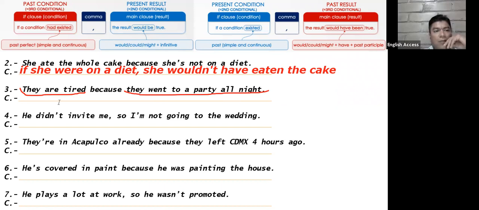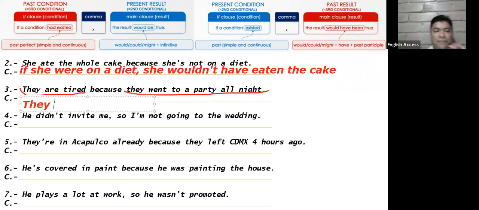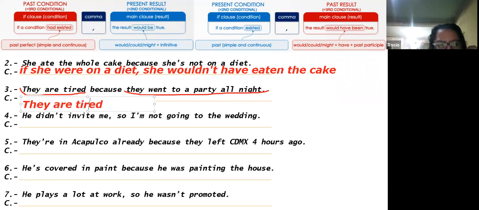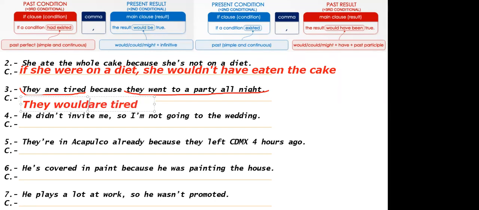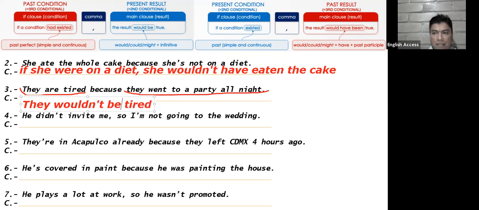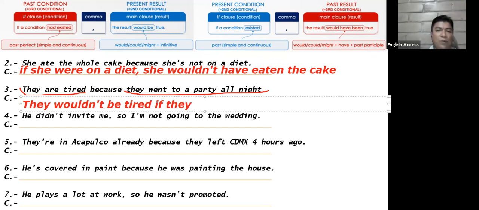So if they are tired is the result, how do we say the hypothetical result? They wouldn't be tired if they... They went, so we'll have a simple past.